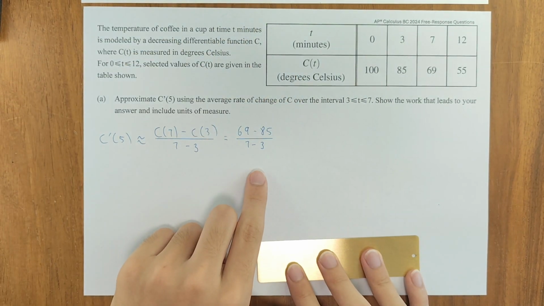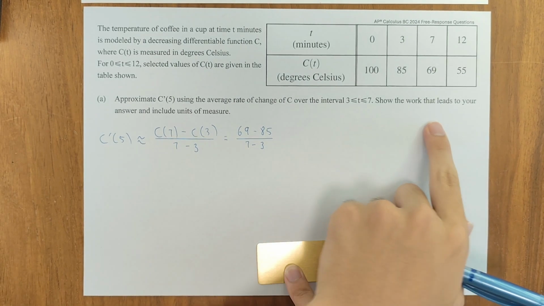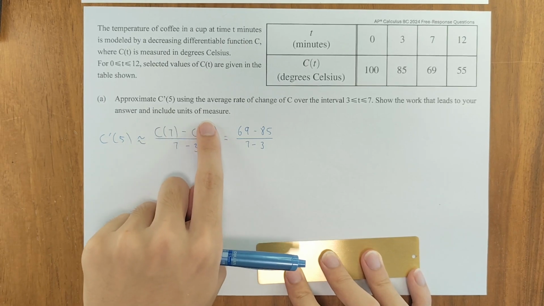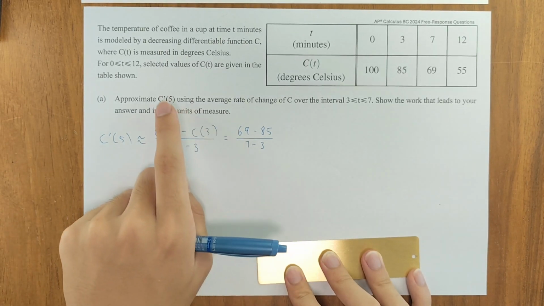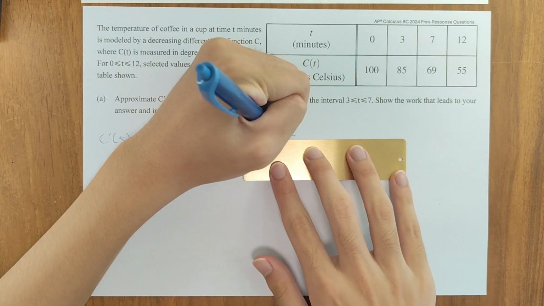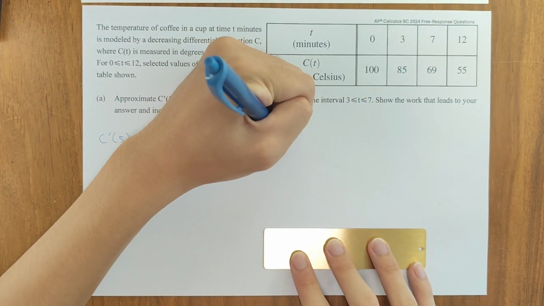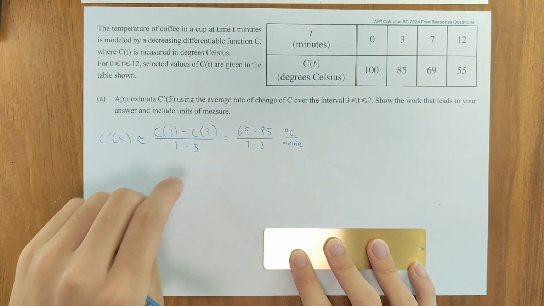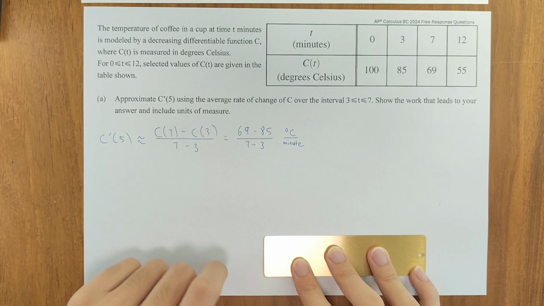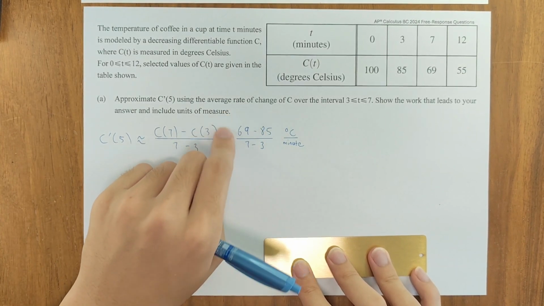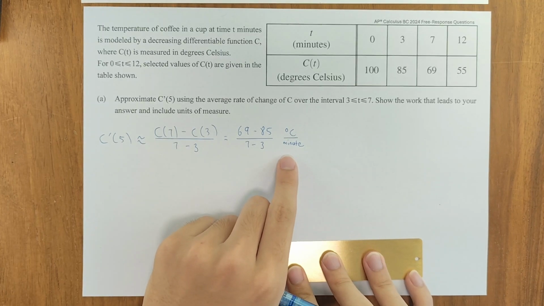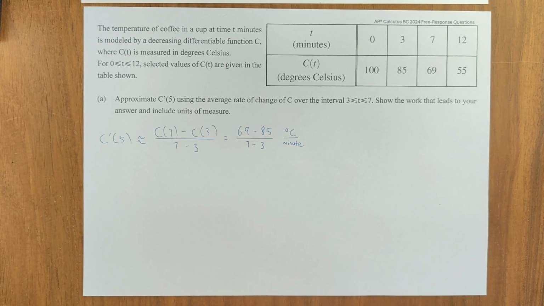Okay, so we also have to show the work that leads to our answer, which is here, and include units of measure. So the units are degrees per minute because it is C prime and we're differentiating with respect to time. Okay, so it's this negative value, degrees Celsius per minute.